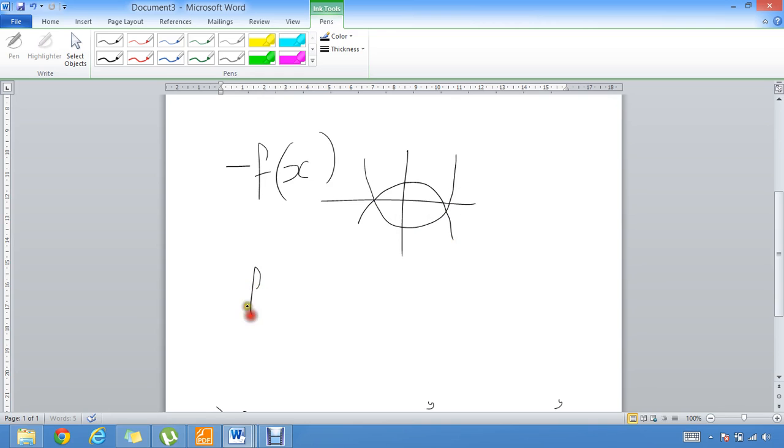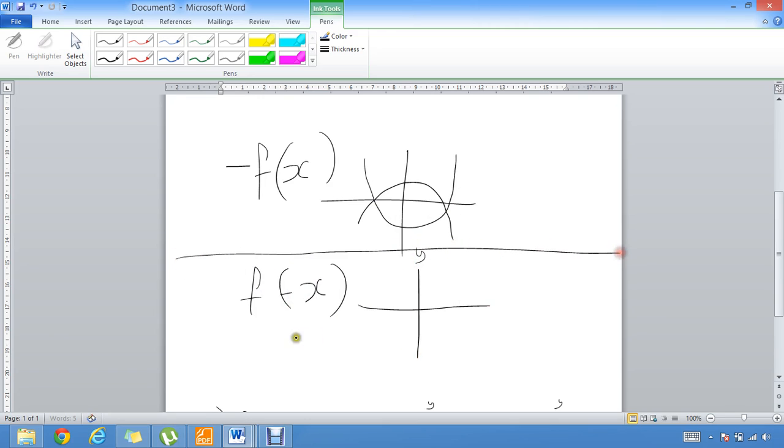If I've got f of minus x, it will be a reflection in the y-axis. So f of minus x, inside the bracket, will now be a reflection in the y-axis. If I've got a curve over here, it's going to make a reflection upon the y-axis there.